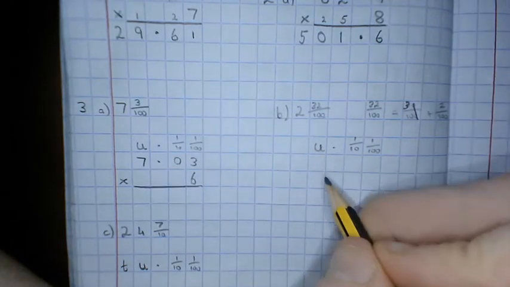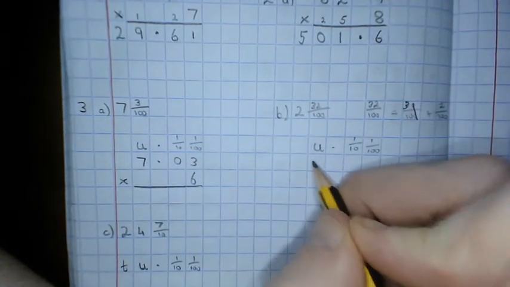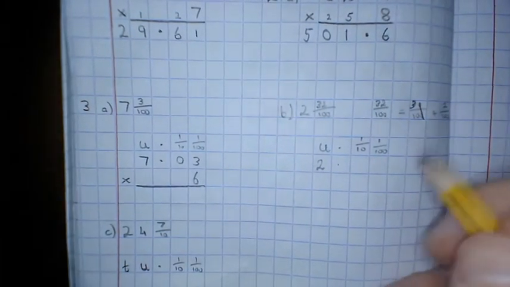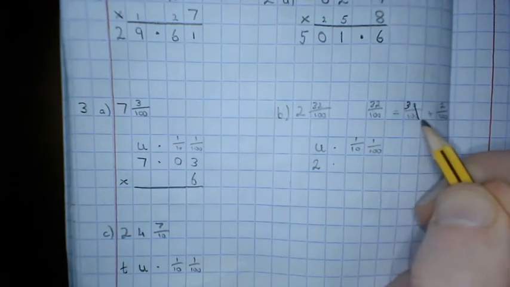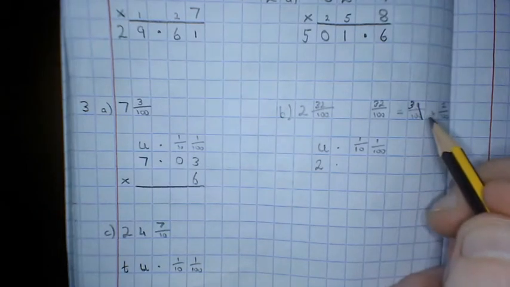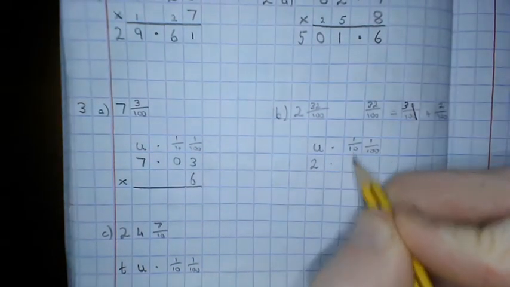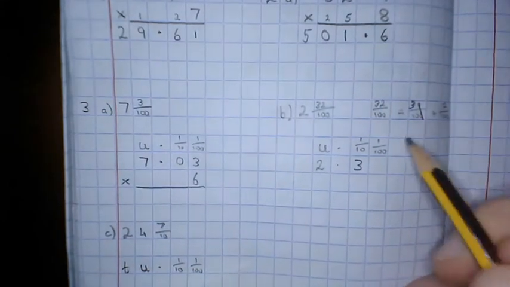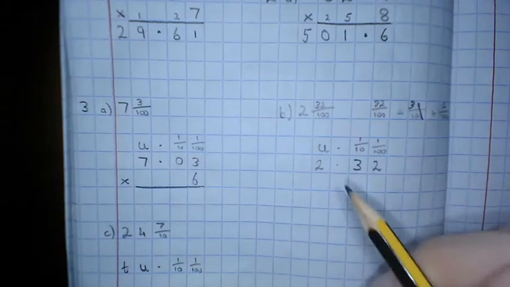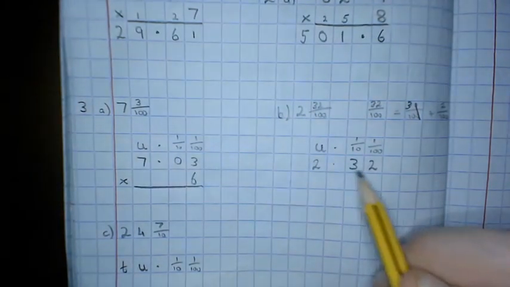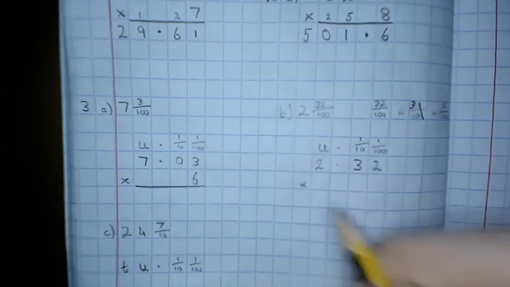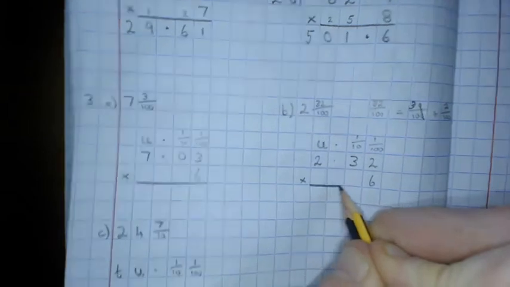So we know to the left of the decimal point is units, so it's 2 units, decimal point, and we worked out 32 over 100 is 3 tenths, because 30 over 100 is the same as 3 tenths. So 3 tenths and 2 hundredths. So 2 and 32 over 100 would be 2.32. And we're multiplying that by 6.